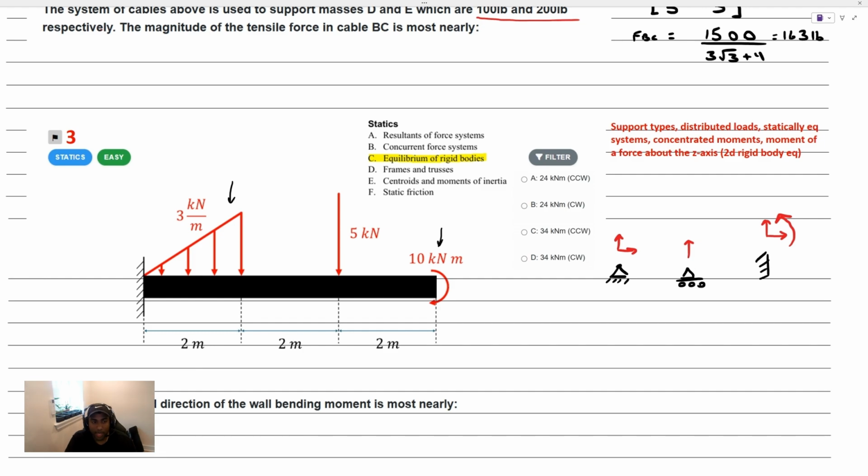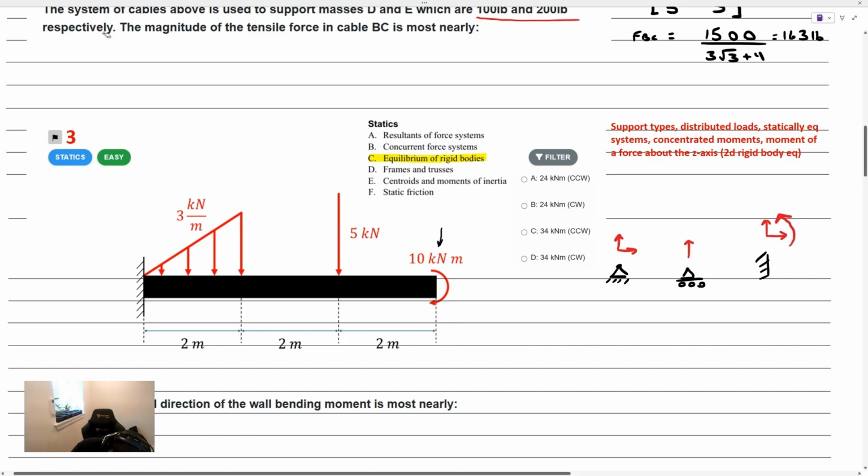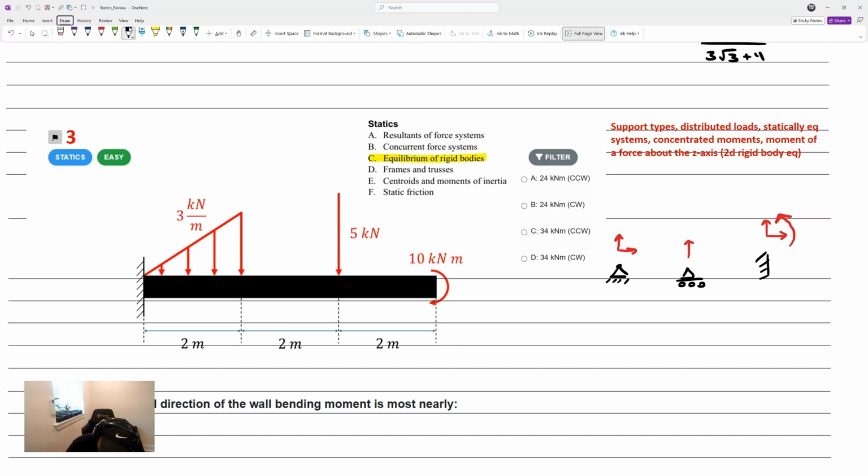Now, let's go ahead and discuss the distributed load and the couple, right? And the really important idea of statically equivalent systems. When you have a distributed load, what you're going to want to do is for the force to be the same and for the moment to be the same in your statically equivalent version of that system. Now, the magnitude of the force in a distributed load is just the area under that distributed load, the load distribution.